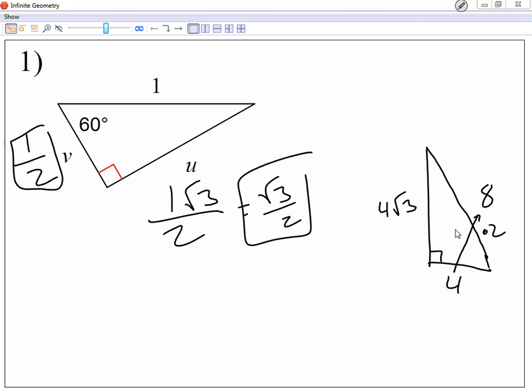Right? 4 times 2 gives me 8. If you're starting from the short side, to get to this side, you multiply by radical 3. That's what the formula says. If you're going backwards, from the hypotenuse to the short side, instead of multiply, obviously you will divide.